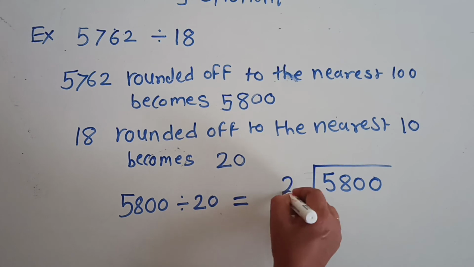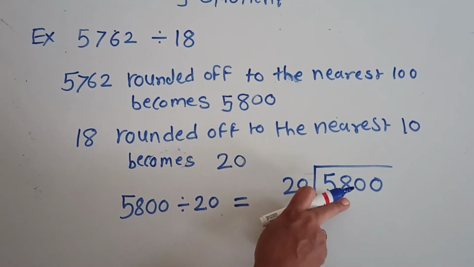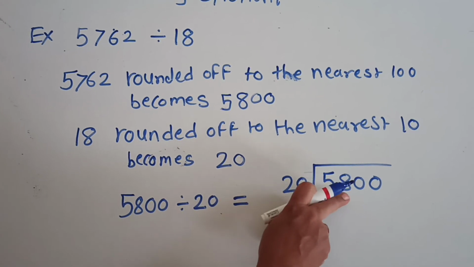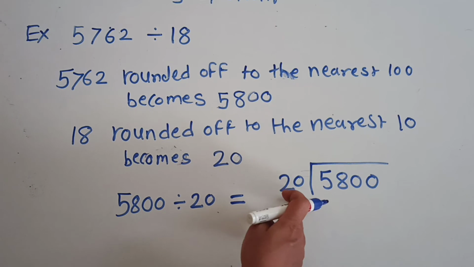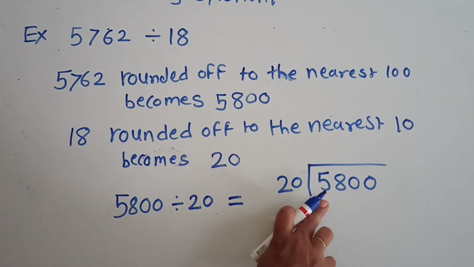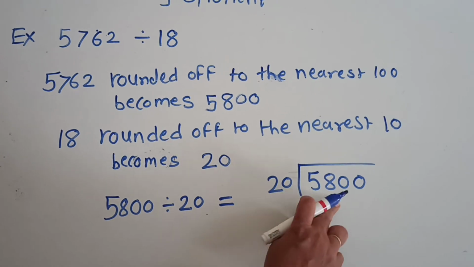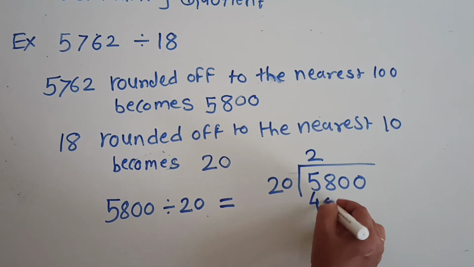5800 divided by 20. You know the table of 20. Here we will take a 2-digit number. So 20 ones are 20, 20 twos are 40, 20 threes are 60. But 60 is larger than 58. So 20 twos are 40.